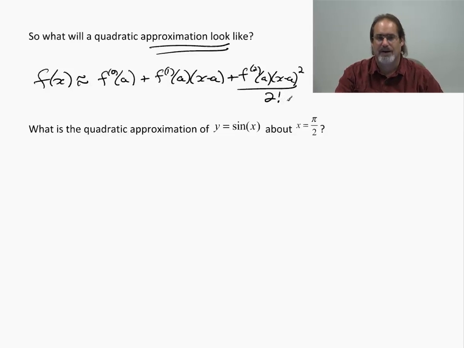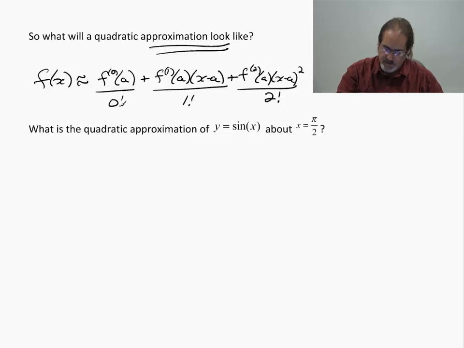I'm going to write the factorial back in there, but 2 factorial is 2. And I didn't write it here, but I could have written 1 factorial and 0 factorial. By the way, as a reminder, 0 factorial is not 0. 0 factorial is 1.